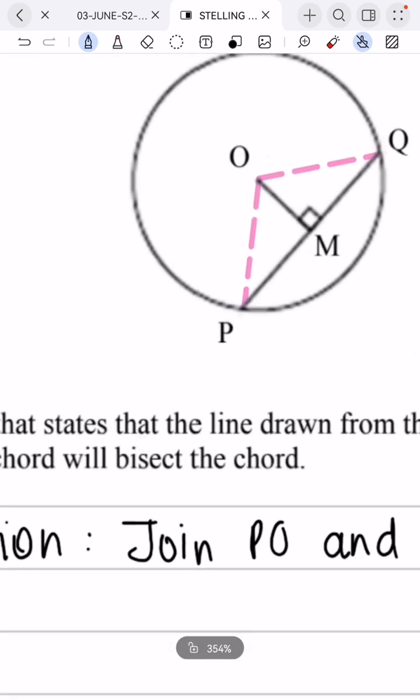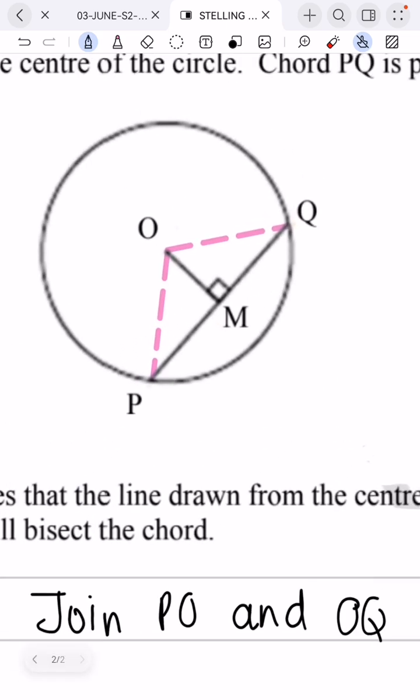Then if you look in these two triangles, in triangle OPM we have a radius, and in OQ we also have a radius. Now we know that radiuses are equal in length. And then if you look at OM, this line, we talk about a common side for both triangles. And then we have this 90-degree angle, meaning that on the left-hand side it will also be 90 degrees.